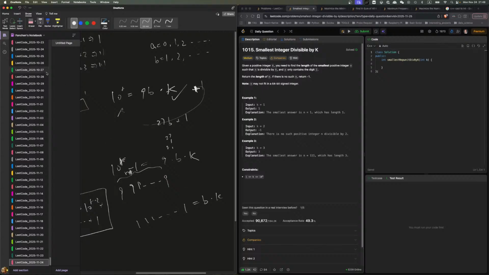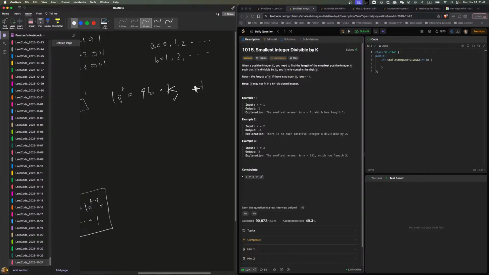Let's get back to this. Okay, that's what we want. So k is a known value, right? K is a known value, and then we need something plus 1.